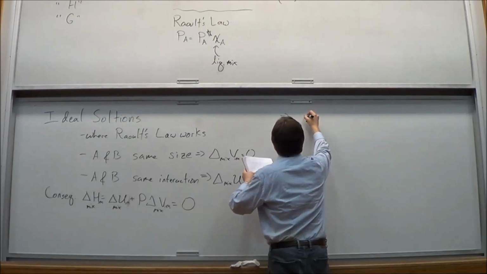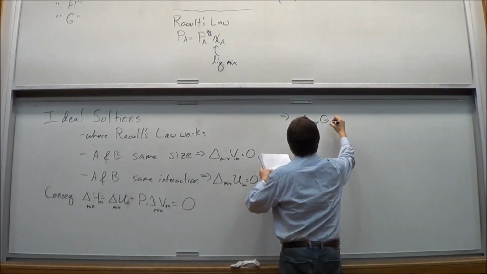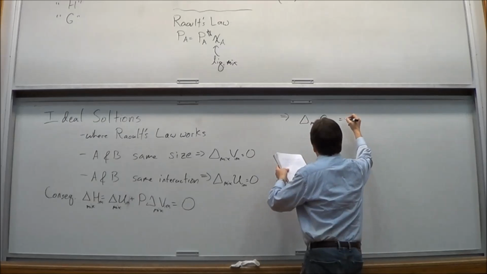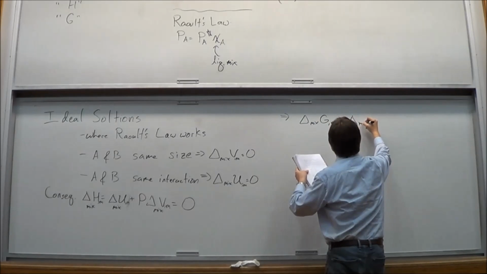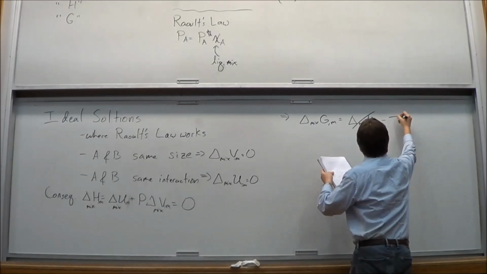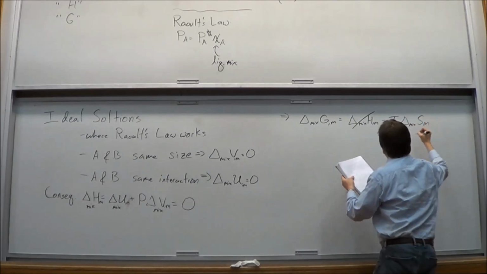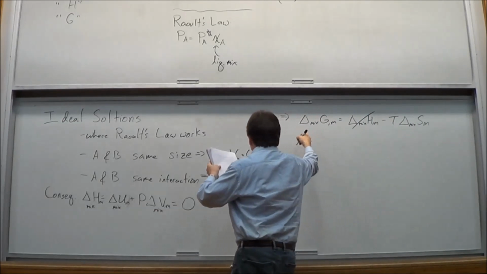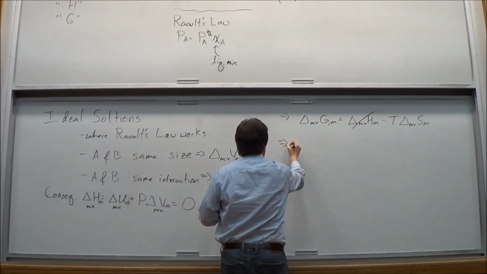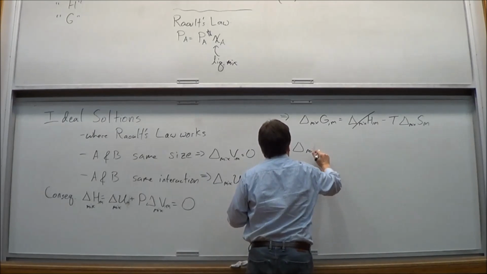Therefore, delta mix G, again per mole, which is delta mix H per mole, which is already 0, minus T delta mix S per mole. All right, I've already defined this. And another therefore, delta mix, what is wrong with me?